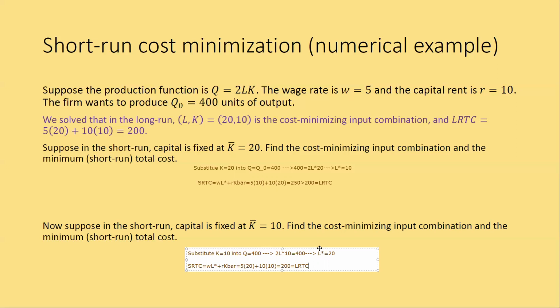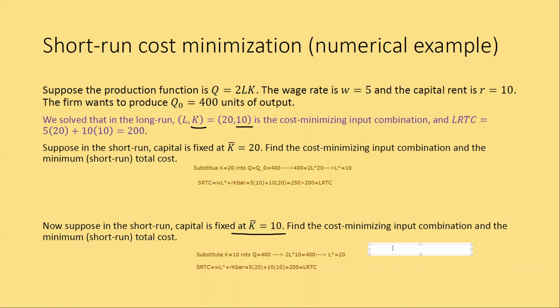And you might have already realized why this is the case, because now the short run capital is fixed at a level that happens to be the same as our long run optimal choice of capital, right? So in this case, the short run optimal combination and the long run optimal combination happen to be the same when the short run capital is fixed at a level that is the same as the long run optimal level.